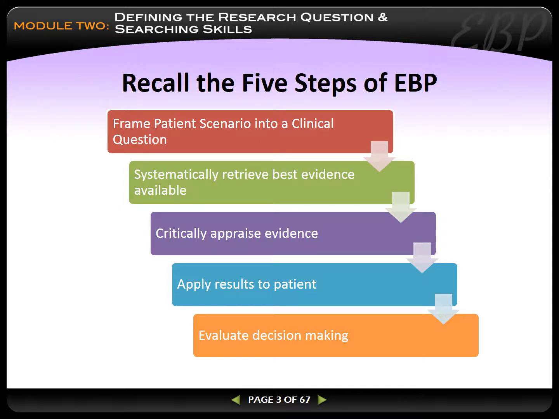So think about the 5 steps of evidence-based practice, and we are interested this time in framing patient scenarios into a clinical question. And part B of this module will look at finding, systematically retrieving the best evidence available.